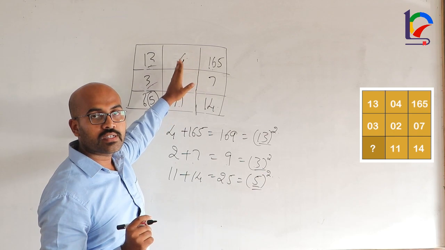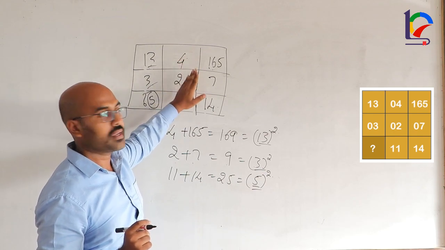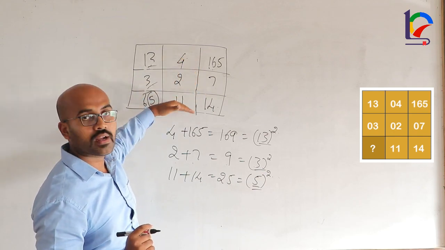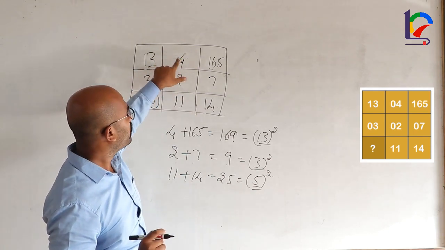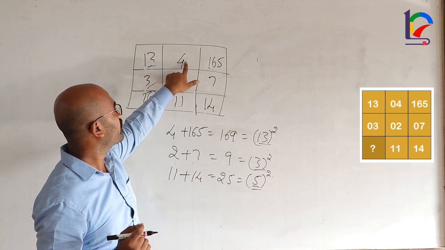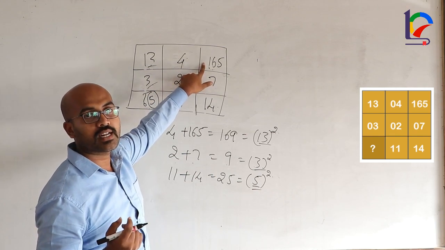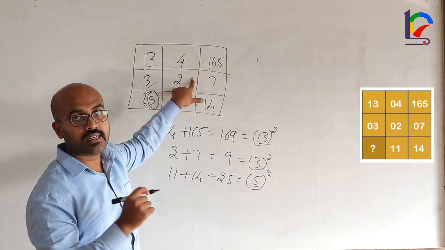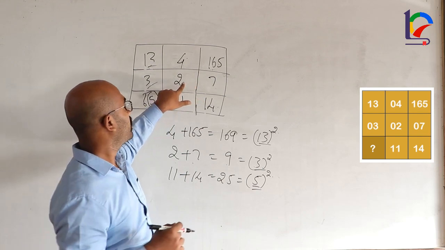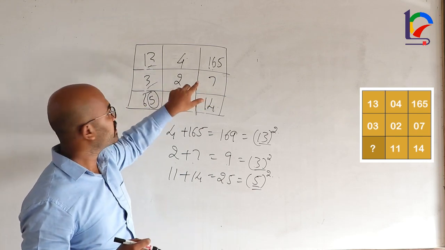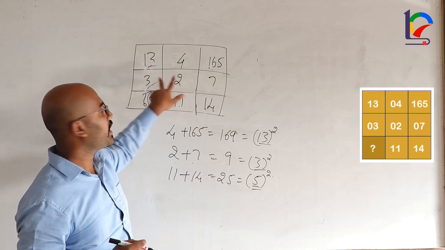One thing you need to keep in mind is, whichever rule or method you apply, it should be applicable for all three. If in the first case you take addition, 4 plus 165, so 169. In the second case you can't subtract. In the second case you can even get an answer like 7, if I subtract 2 square and 7, I get 3.